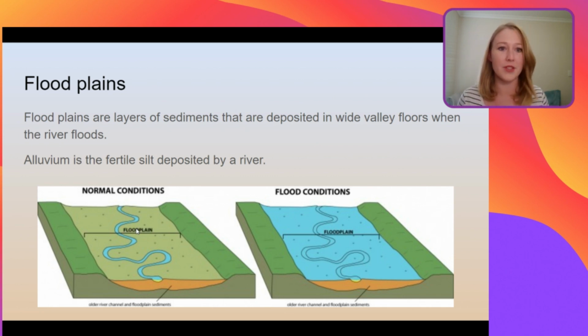It basically spills into the floodplain, so the sides of the river, and because it keeps spilling out over there, it will keep depositing material and it will build up these large plains on the side. It's very fertile land, but floods quite often, so not always recommended for development or farming. In some cases, it's common, especially if the flooding is needed for the agriculture, but not a smart place to build a house.